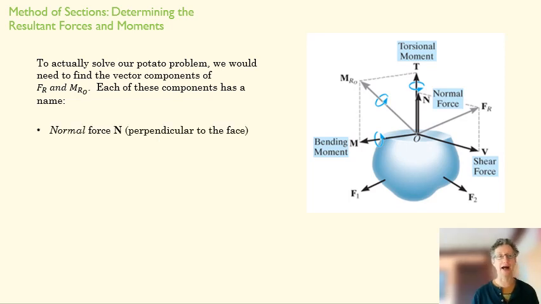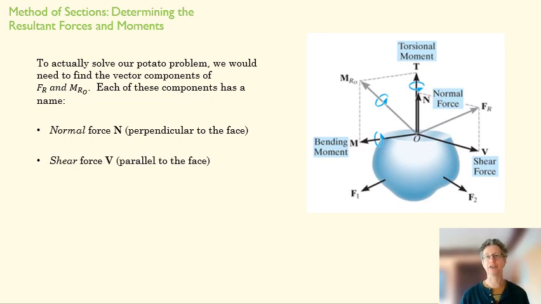So we can look at our normal force here. That's going to be our force that's perpendicular to the face. That's this guy right here. We can look at our shear force. That is going to be our force that is parallel to the face.